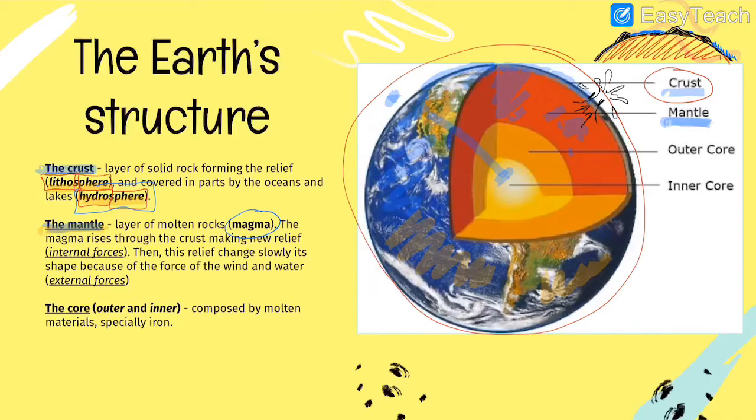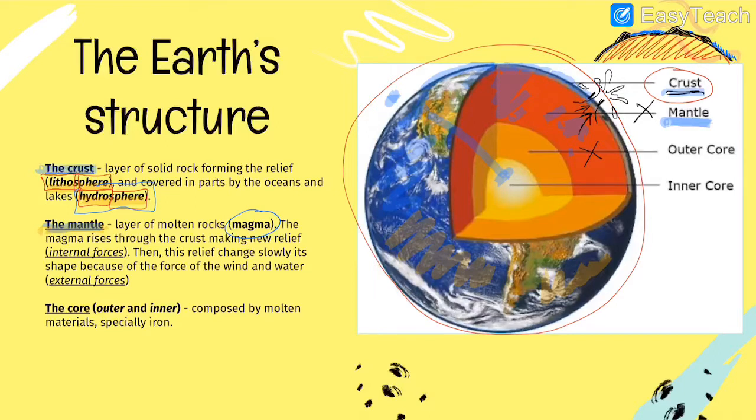Outside, there is less temperature than inside. So when these molten rocks go outside, because of the air, they start to solidify, empiezan a solidificarse. And then they are creating new crust, new relief.